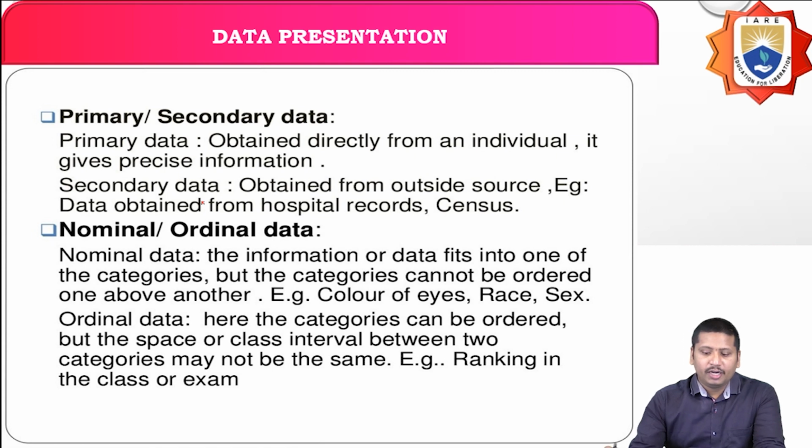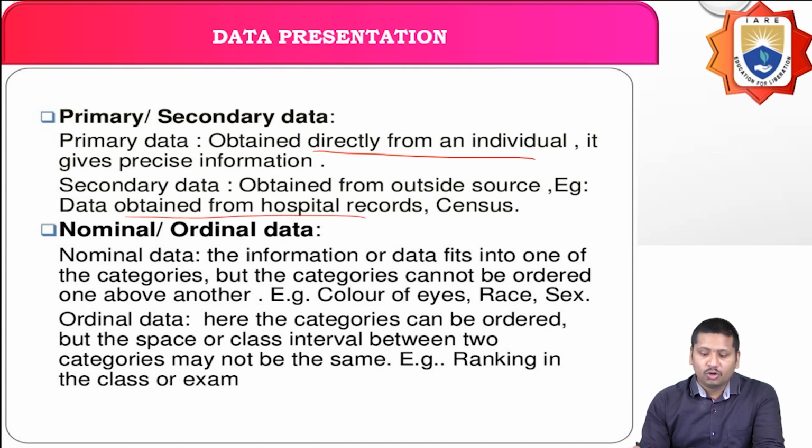So primary data is extracted directly from the person individually and gives precise information, whereas secondary data is not like that. Normally this one is obtained from hospital records.